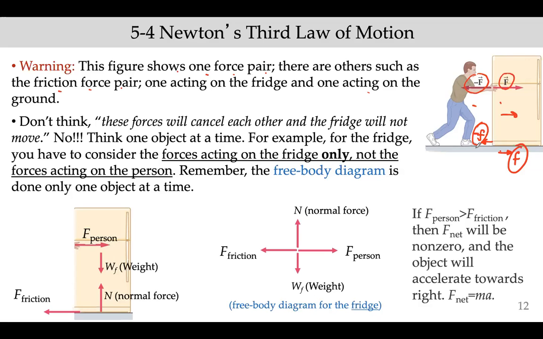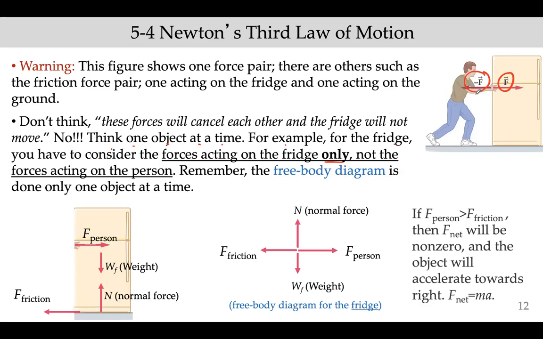Okay, the other warning is, do not think these forces will cancel each other and the fridge will not move. No. Don't ever think, this is very important, don't ever think this force and this force will cancel each other. No, they won't. Think one object at a time. For example, for the fridge, you have to consider the forces acting on the fridge only, not the forces acting on the person.